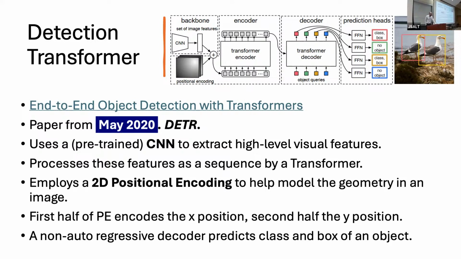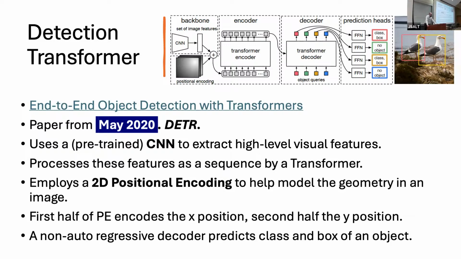And what they did was actually they took a backbone again. Back then, remember, it was called backbone, which was ResNet, usually ResNet 50. And they got their features from the last layer. And then they add 2D positional encoding. That is something that in images is mostly used.